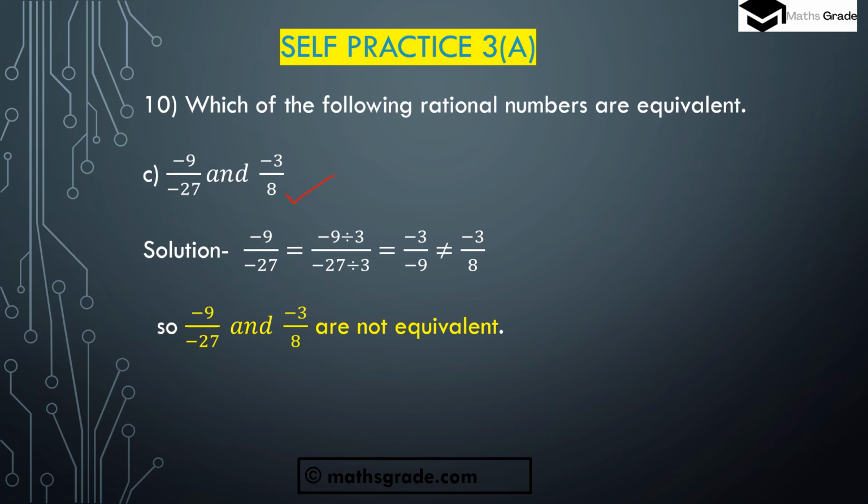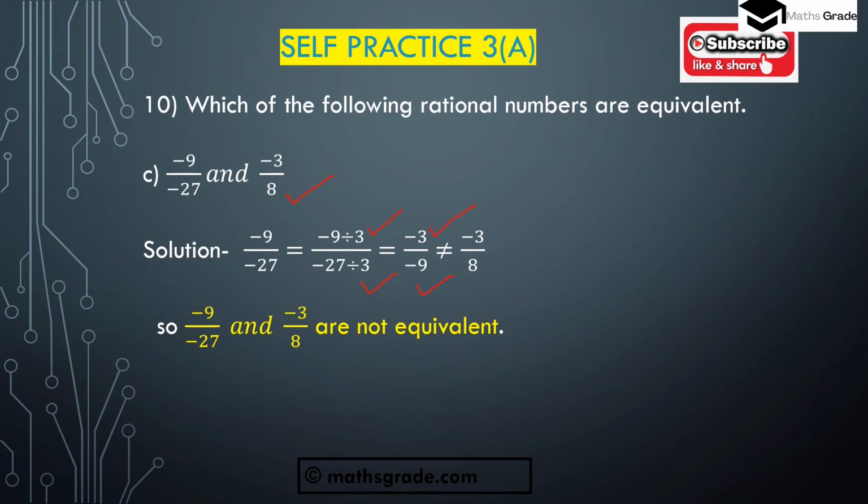So divide the numerator and denominator of minus 9 divided by minus 27 with 3. Minus 9 divided with 3 we get minus 3, and minus 27 divided with 3 we get minus 9.